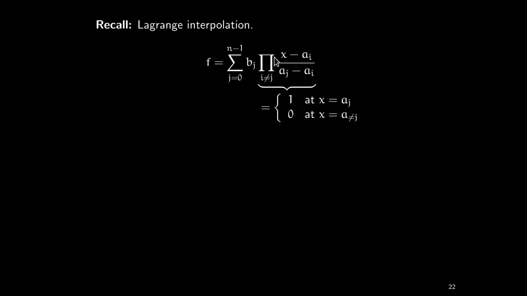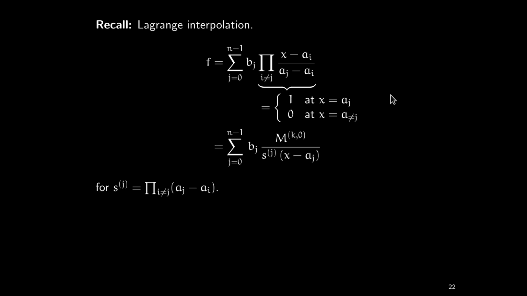So this polynomial is 1 at this place, and it's 0 at all other places. So if you take the linear combination of these polynomials with the desired values b_j as coefficients, then of course you get a polynomial f, which at a_j has the value b_j for every j, because the 0 doesn't disturb this, and the b multiplies with the 1.